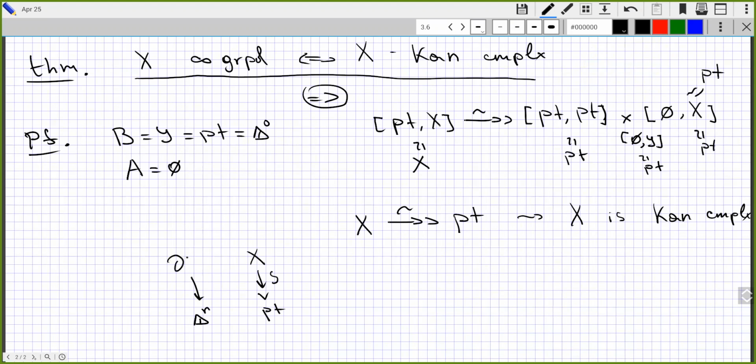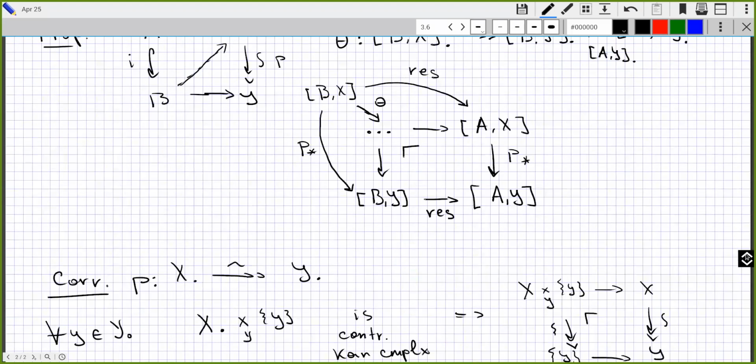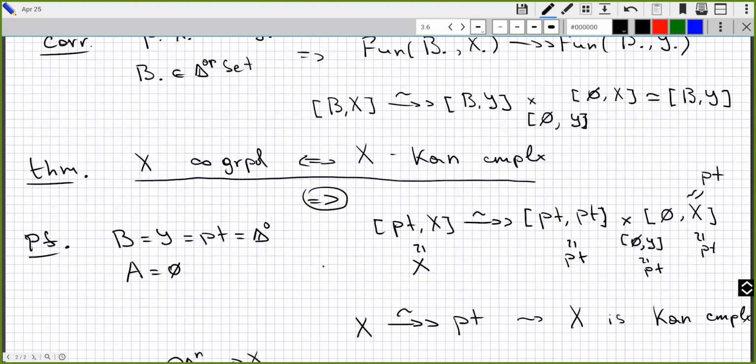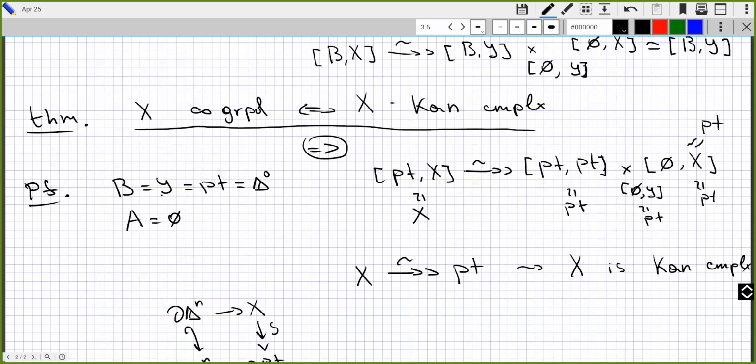It is a diagram like this, actually. But where did the fibration from X to this fibered product come from? Why is it trivial? By means of the previous result, and we took it as a special case. So we set A equal to the empty set, B and Y equal to a point.